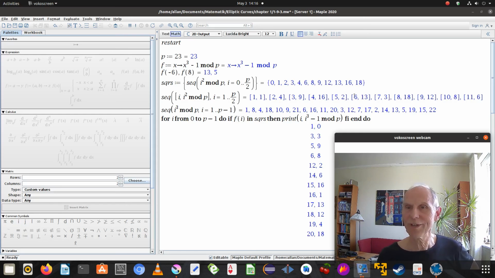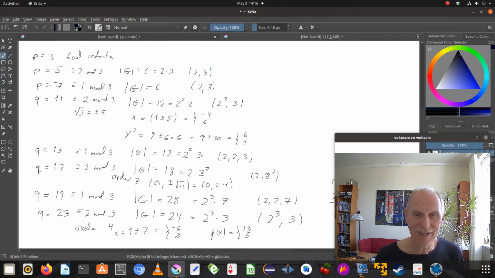Oh, 13 did. It's right here. So we have exactly 2 points of order 4 as stipulated. And that means that I have found the correct type.